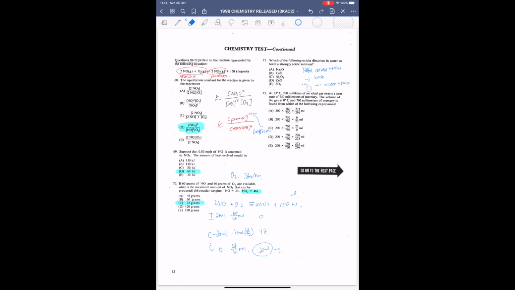Because this question is asking which solution gives the most acidic solution, we just need to find the non-metal oxide, right? Sodium is a metal, calcium is a metal, aluminum is a metal, zinc is a metal, and SO3 is the only non-metal. So you could just highlight SO3. SO3 is the answer, because H2O plus SO3 equals H2SO4, which is sulfuric acid.